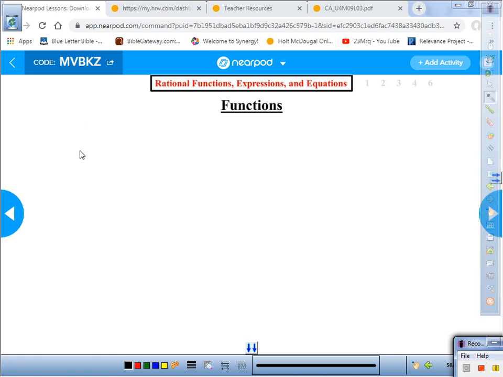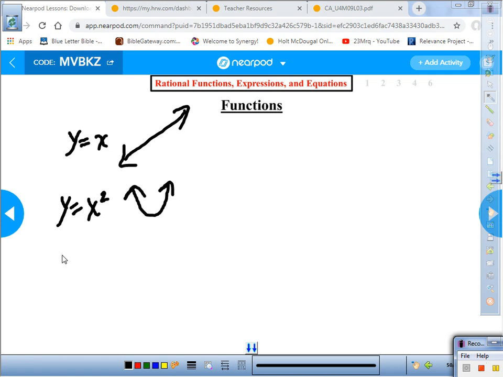And I said, y equals x, or y equals 3x plus 2, it's a straight line. From there we went to y equals x squared, and what does that look like? A parabola. From there we went to y equals x cubed. What does that look like? A little wiggle, like so. From there we went to y equals absolute value of x. What does that look like?